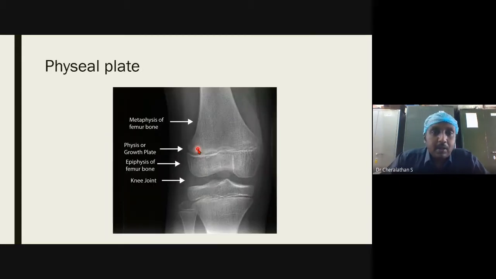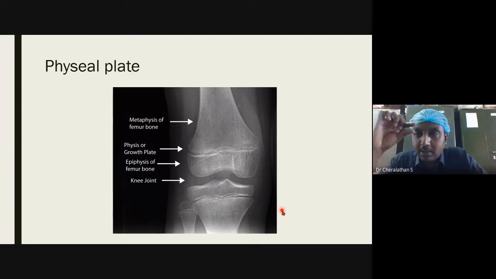Now, to understand what is hemiepiphysiodesis, we need to revise our previous slide, which we saw at the beginning of the class. You have a problem in the physeal plate, and the patient is in the age group of 7 to 10. Like we discussed earlier, you have arrested growth on one side and normal growth on the other side.